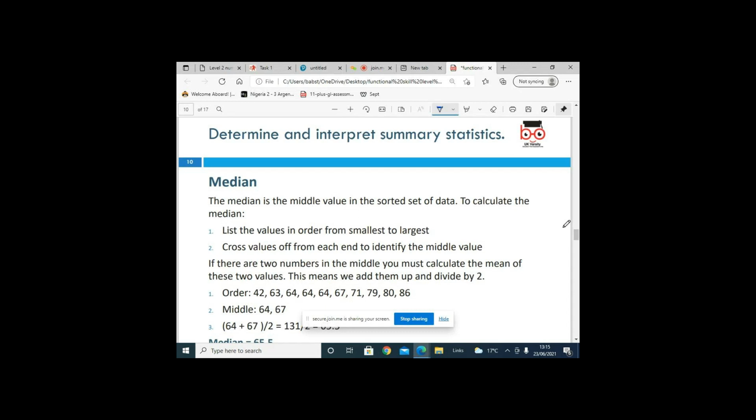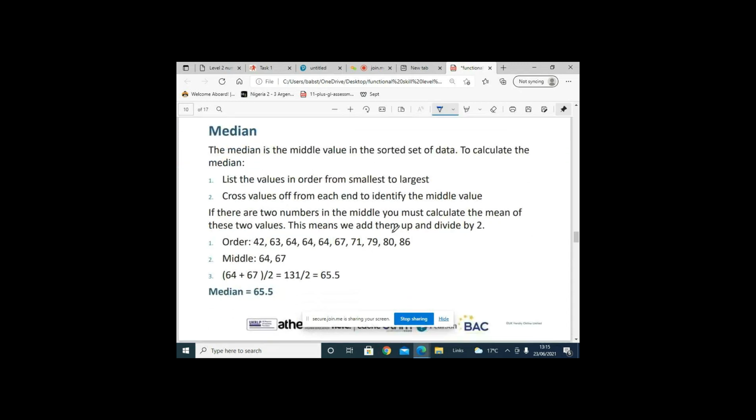We're still going to use the results for Robert. When I ordered it, it's 42, 63, 64, 64, 64, 67, 71, 79, 80, and 86. So they are in order now. I realized that 2 numbers are in the middle.